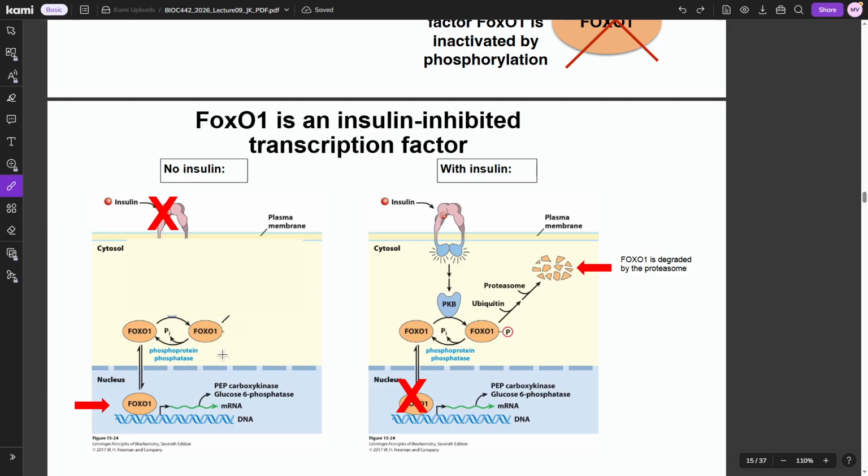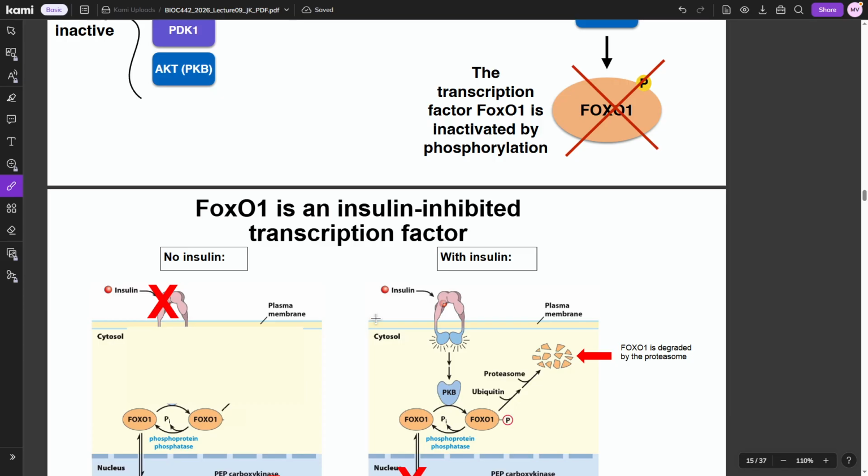When there's no insulin, FOXO1 is just there, and what FOXO1 does is, like I said, it's a transcription factor. It goes into the nucleus and it transcribes our mRNAs for PEP carboxykinase and glucose 6-phosphatase, which are both gluconeogenic enzymes. Remember, glucose 6-phosphatase, step 1, PEP carboxykinase is going back from pyruvate to phosphoenolpyruvate, remember? So these are gluconeogenic enzymes.